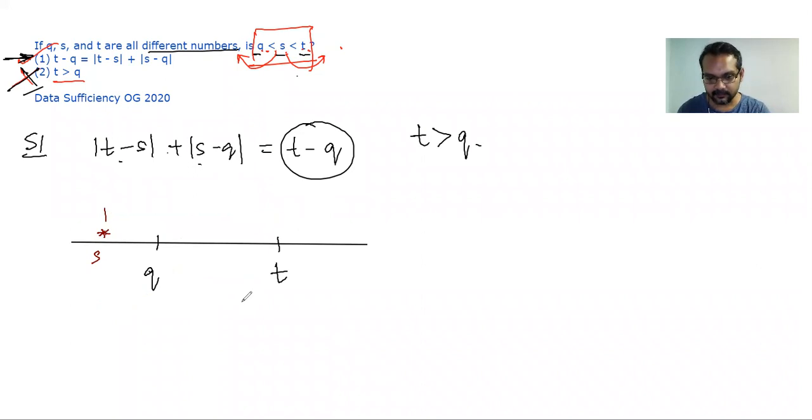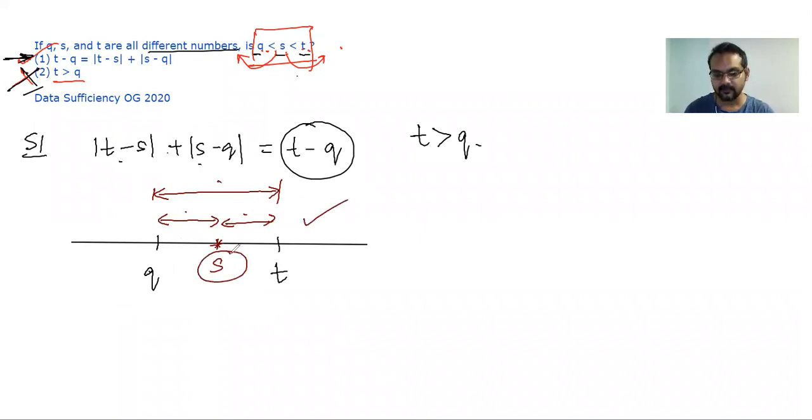Now if I check with s somewhere in between, anywhere in between, then mod of t minus s is this distance, mod of s minus q is this distance, and their sum is correctly t minus q, because two parts make up the whole. Satisfies. Clearly s must be somewhere in between. That means t is greater than s and s is greater than q. So that's what we were searching for. So 1 is sufficient. Clearly we know 2 isn't, and hence the answer is again A.